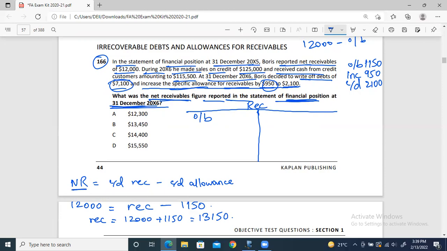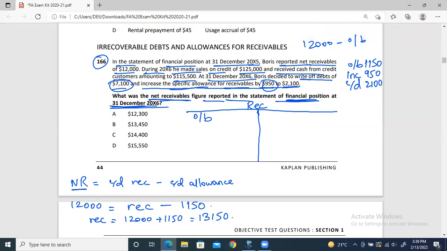So the opening balance is 12K, but that net is less all the allowance. So we need to basically account for an increase or decrease, and that will be the opening balance.